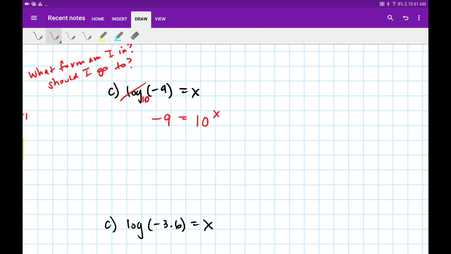So the question we're asking ourselves is, 10 to which power will give us -9? Well, you can fiddle around with some answers. 10 squared is going to be 100.